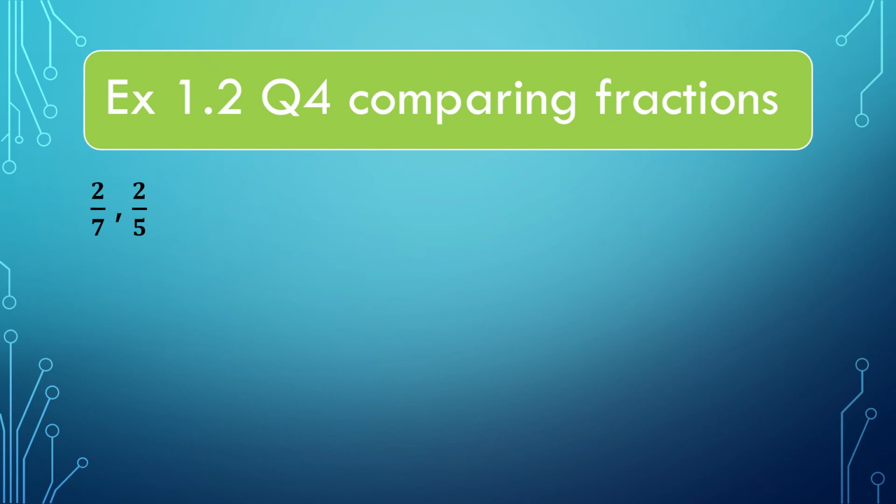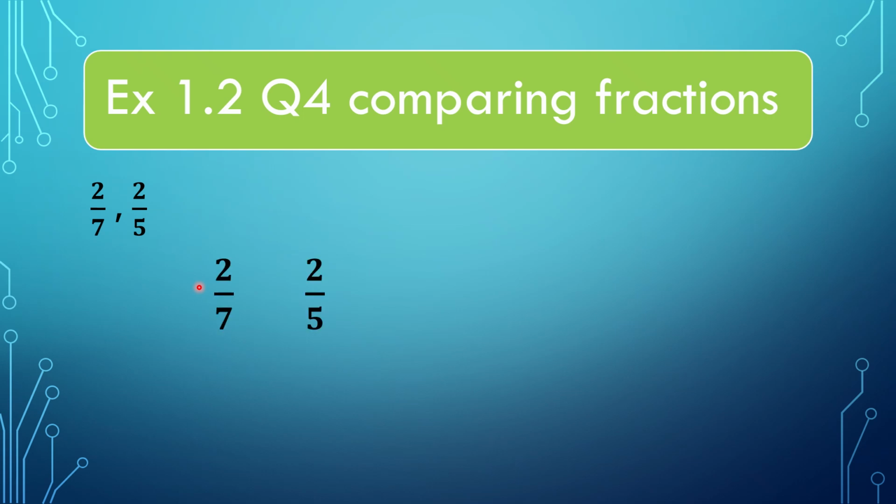Just keep in mind, when we have the same numerators, look at the denominators. The denominator with the greater value will be the smaller fraction. Here 2 by 7 will be less than 2 by 5, and 2 by 5 will be greater than 2 by 7.